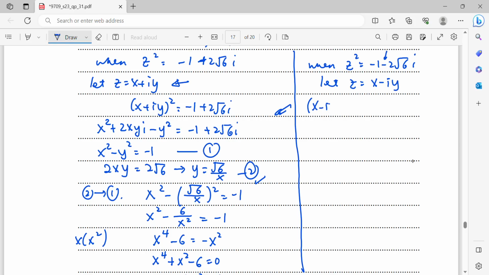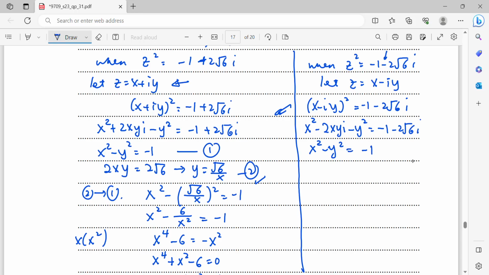So (x minus iy) squared equals minus 1 minus 2 root 6i. And now do expansion for this quadratic. It will be x squared minus 2xyi. Again, the square of iy will be minus y squared. Okay, so now when I compare the real and imaginary parts, for the left hand side, the real part is x squared minus y squared, and the right hand side is minus 1.